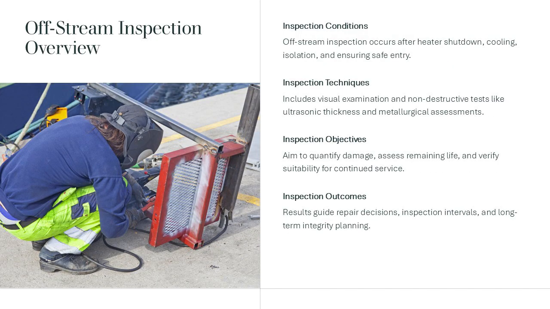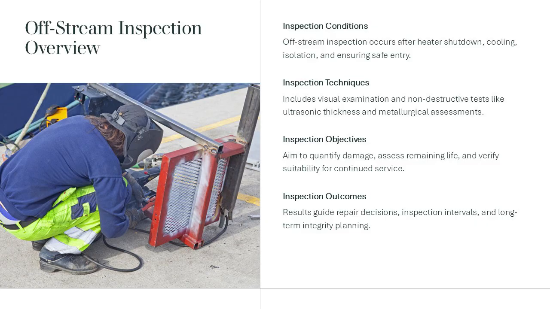Off-stream inspection is conducted when the heater is shut down, cooled, isolated, and made safe for entry. This inspection phase allows direct access to internal components and provides the most reliable information on actual material condition. Off-stream inspections include detailed visual examination of radiant tubes, tube supports, burners, and refractory, as well as non-destructive examination such as ultrasonic thickness measurement and metallurgical assessment where required.